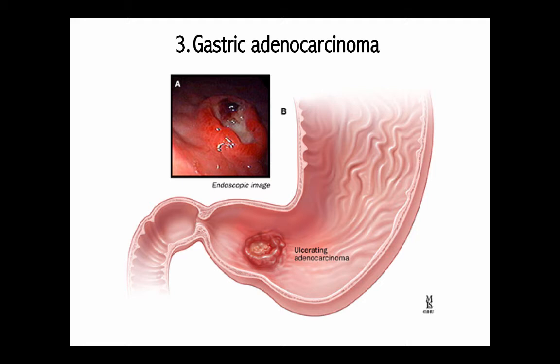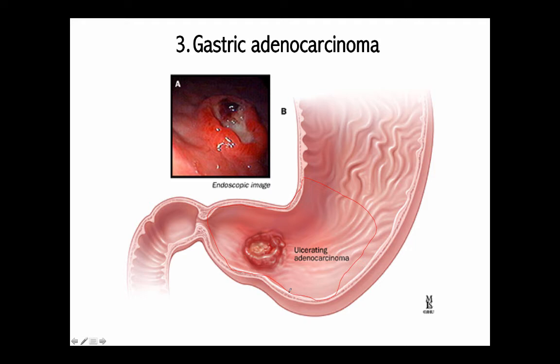And this is usually found in the pyloric antrum. Remember, the pyloric antrum is this chamber down in this region of the stomach versus the cardiac antrum, or the fundus, which is up here at the top. So these usually form down here in the pyloric antrum.